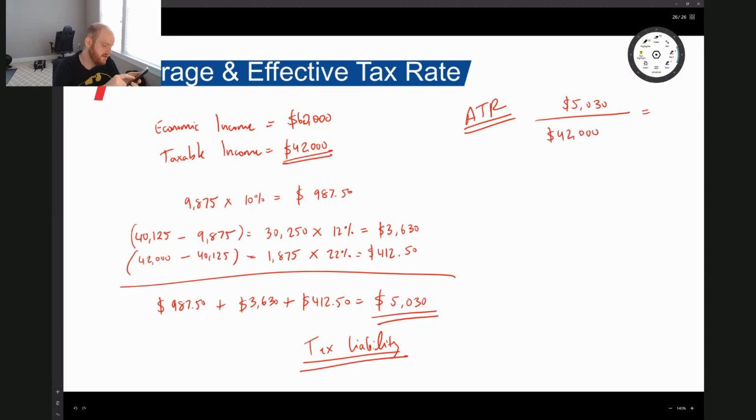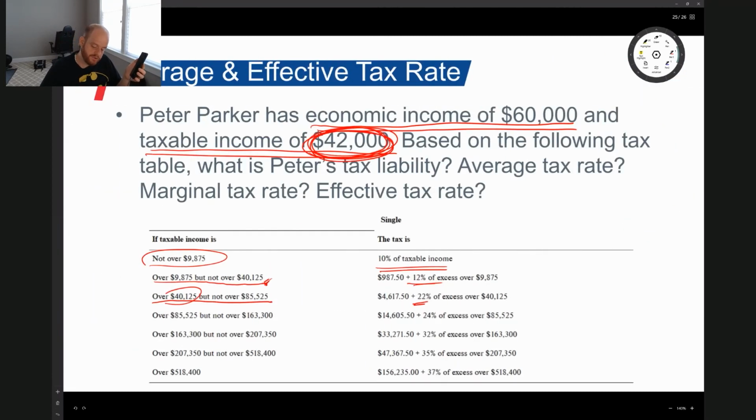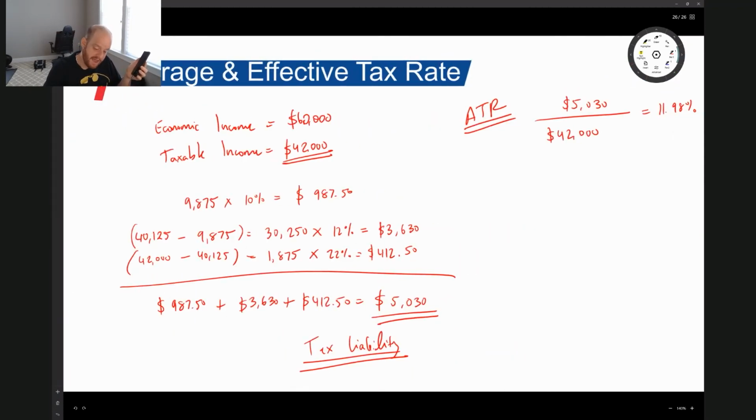That means his average tax rate is 11.98%, right? So that is Peter's average tax rate. So even though he was subject to a 10% rate, a 12% rate, and a 22% rate, because of his taxable income and his tax liability, his average tax rate is 11.98%.